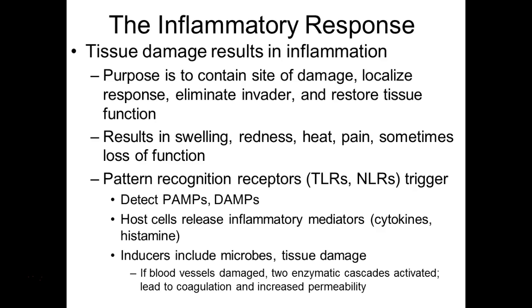When blood vessels are damaged, two enzymatic cascades are activated. One that's going to lead to coagulation and one that's going to lead to increased permeability. Now, of course, when the blood vessel itself is breached, we don't want uncontrolled leakage into our tissues, so that's why it coagulates.